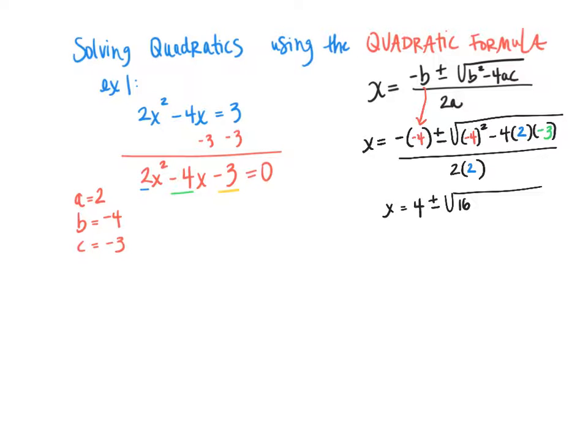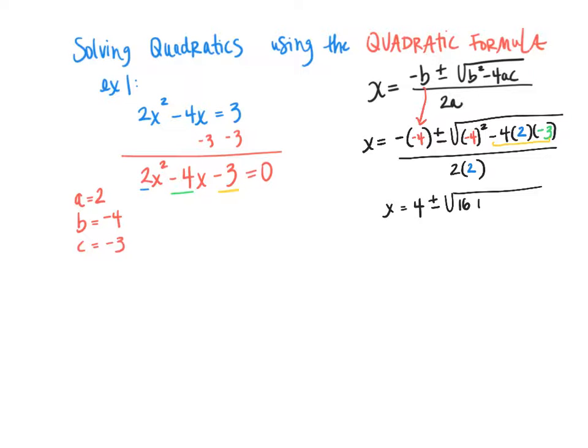So I have x is equal to negative b plus or minus the square root of b squared minus 4ac all over 2a. Now I'm going to simplify. The opposite of negative 4 is positive 4. Plus or minus, when I square that, negative 4 times negative 4 is 16. Now notice here I'm going to have a negative 4 times 2 times a negative 3.